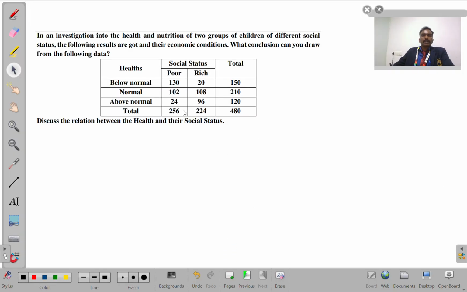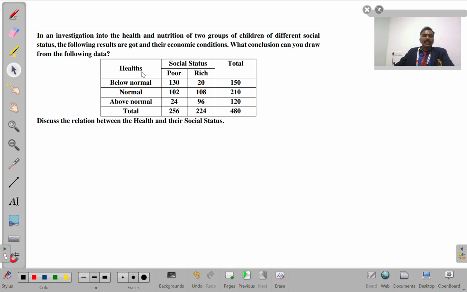The next problem is: in an investigation into the health and nutrition of two groups of children of different social status, the following results are got. What conclusion can you draw from the following data?